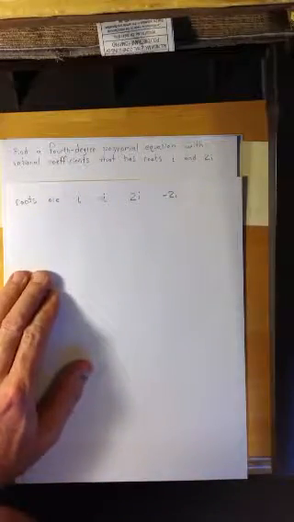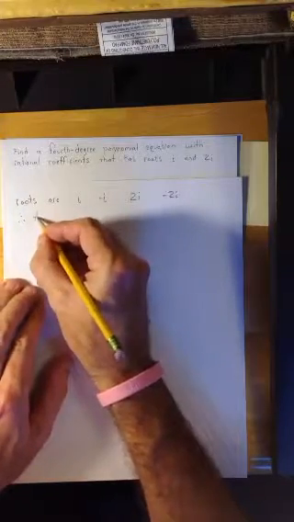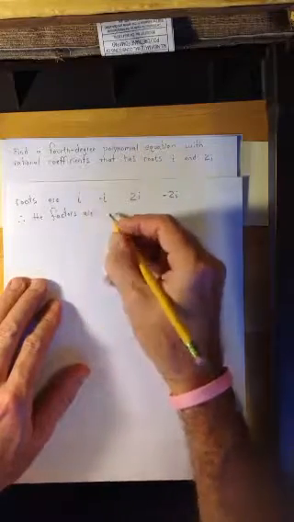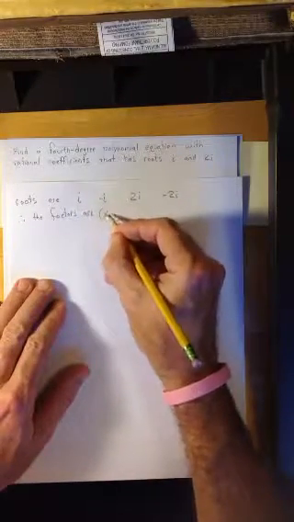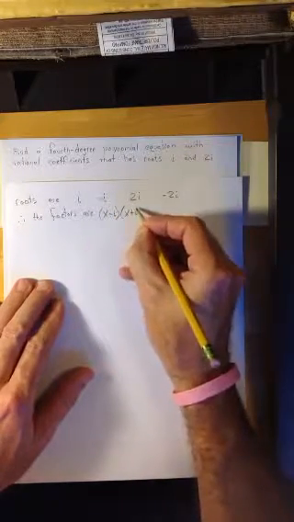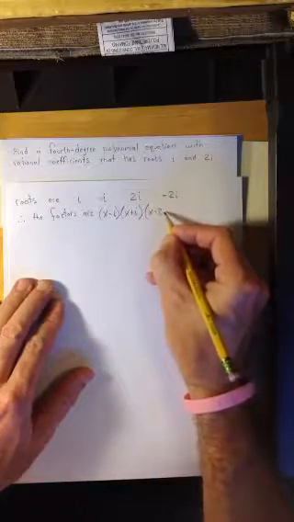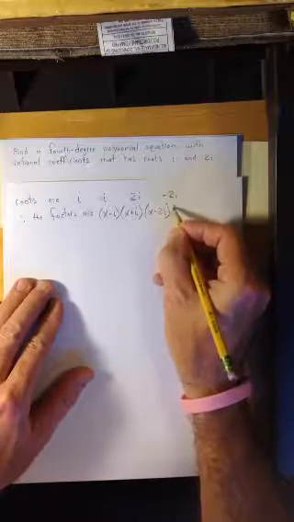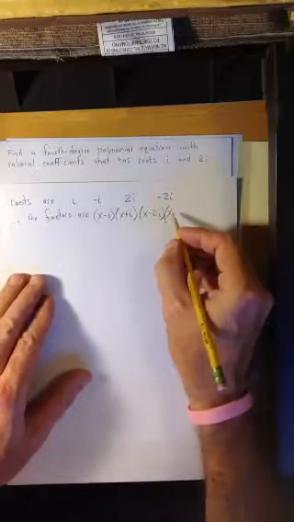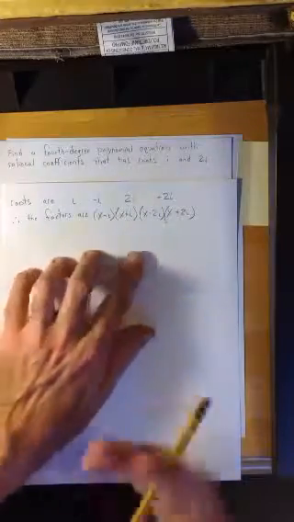Then we can use the factor theorem and say, therefore, the factors are x minus i, x plus i, and then we have x minus 2i and x plus 2i.